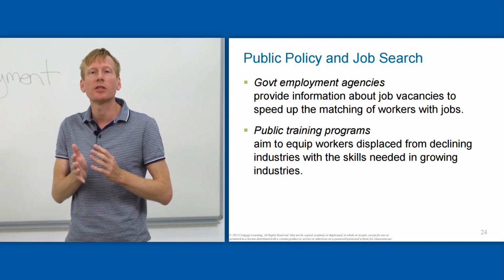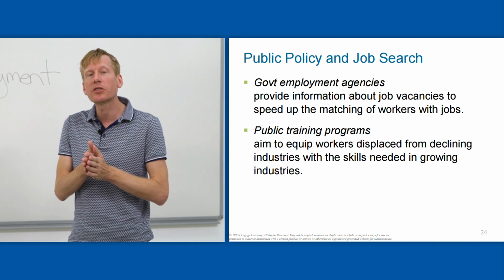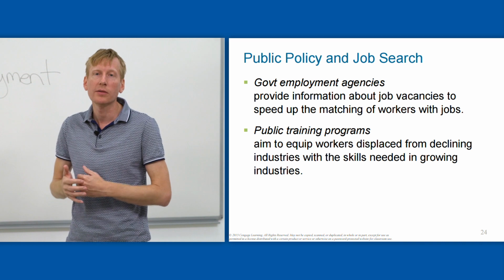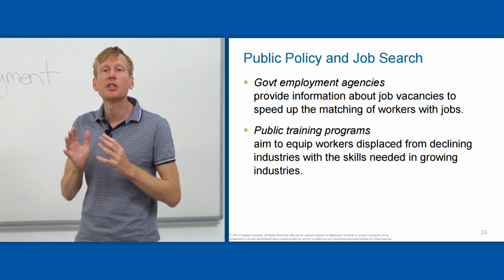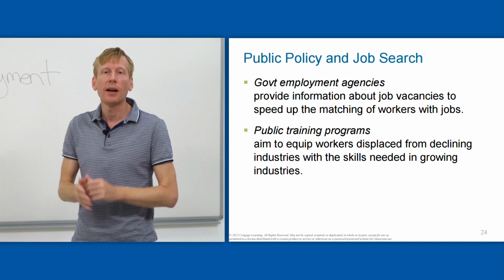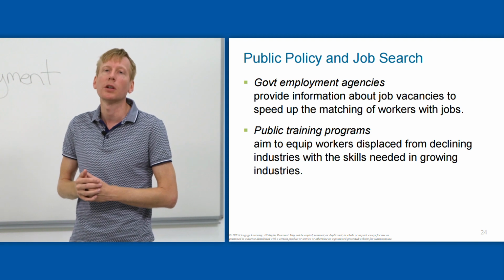They spread information about workers to businesses looking to hire. They spread information about available jobs to workers who are looking for work. They attempt to speed up how quickly workers are able to find new jobs after some sectoral shift has caused them to become frictionally unemployed.